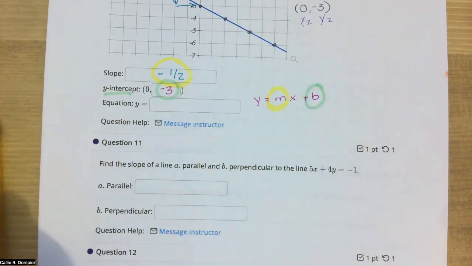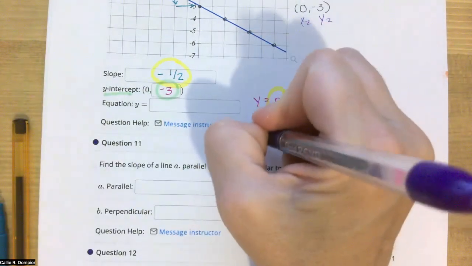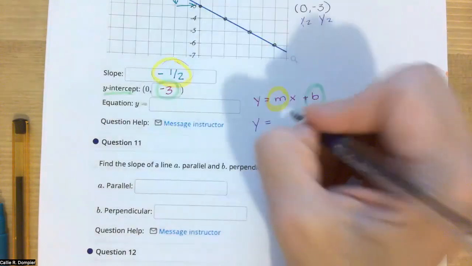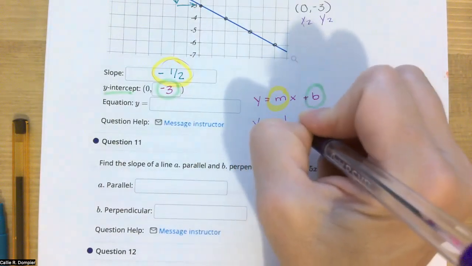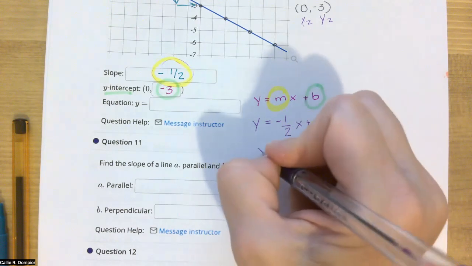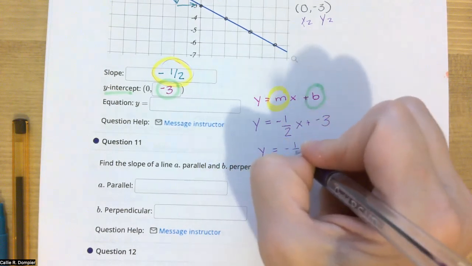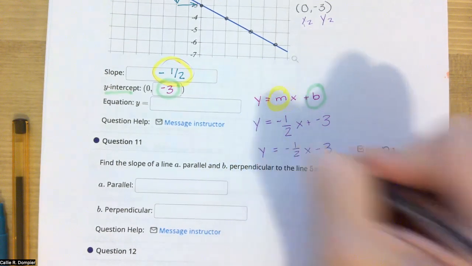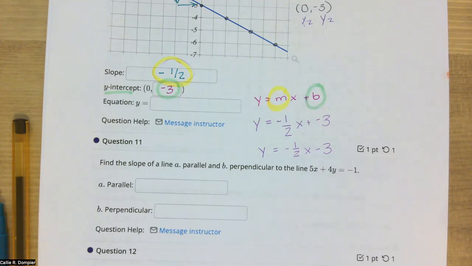So that all becomes y equals -1/2 x plus -3, which I will rewrite as y equals -1/2 x minus 3. Good? All right.